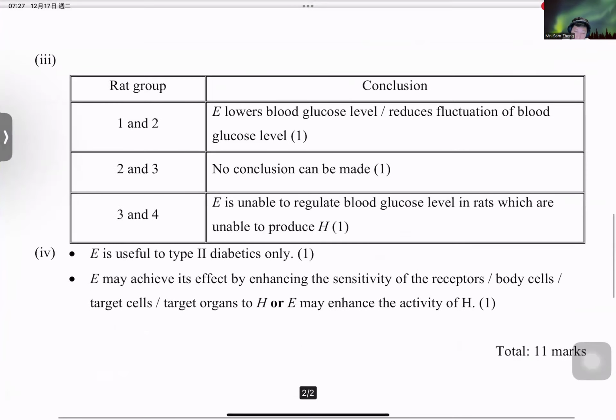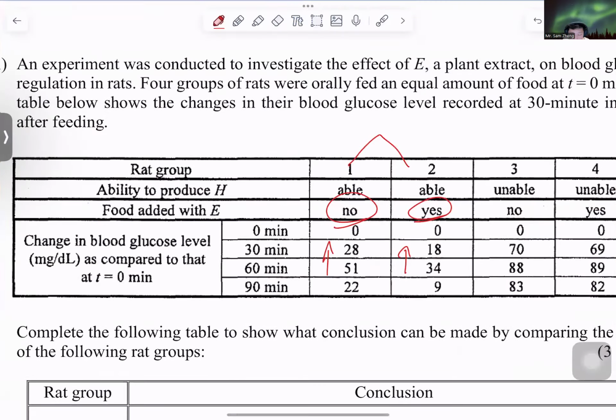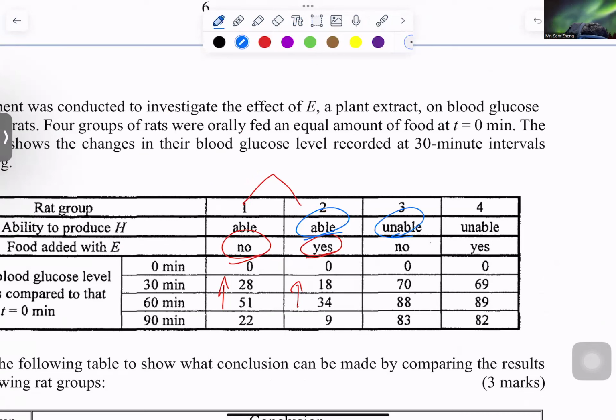Next, for 2 or 3, why can no conclusion be made? Because look at it, we have two independent variables. What does two independent variables mean? It means that one group is able to produce blood insulin, and another group is unable to produce the blood insulin.